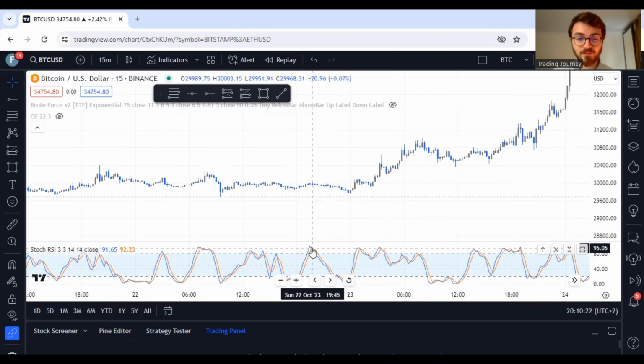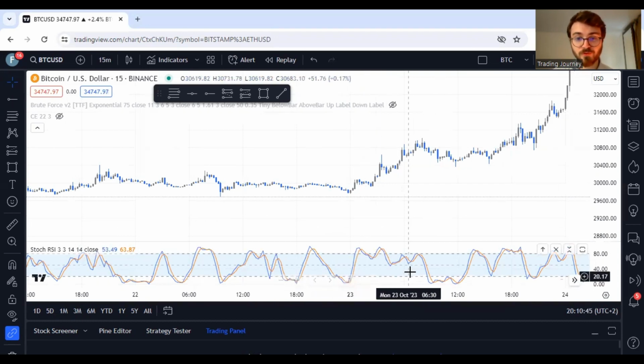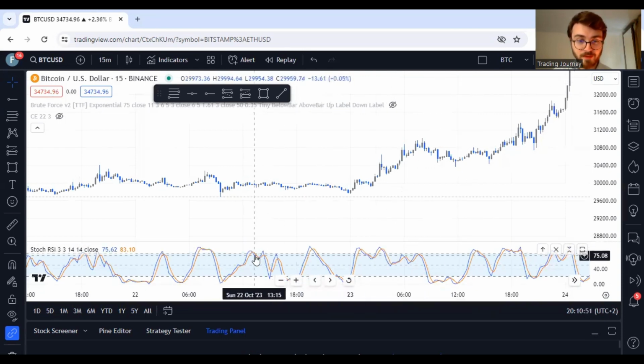And the stochastic RSI is an improved version of the RSI. It's a mathematical formula that takes the minimum and maximum values of the RSI. So it's kind of making an average of it to smooth out a little bit. And in that way, it works much more like an oscillator than the RSI. That being said, there's still two zones in the stochastic RSI that are important and that we want to pay attention to.